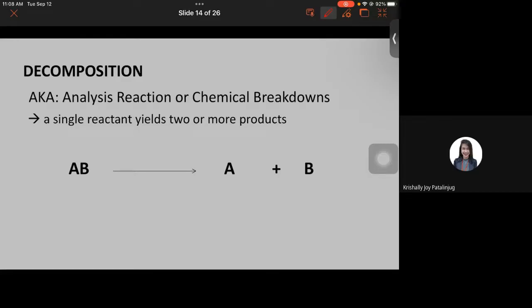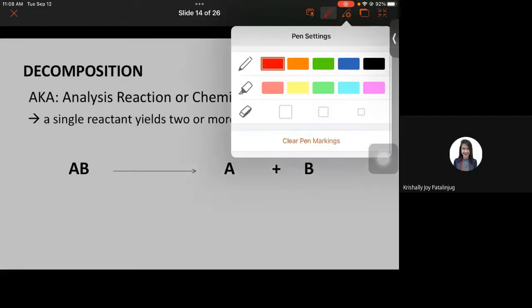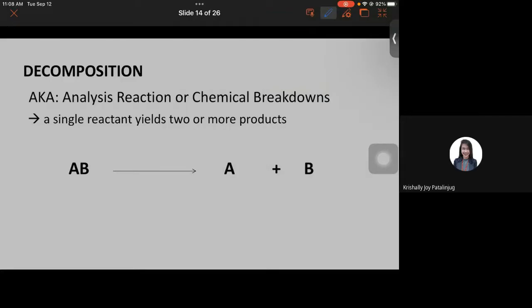We have decomposition. In decomposition, this is merely breakdown of substance. Breakdown or breaking, degradation. Diba? These are synonymous terms for the word decomposition.